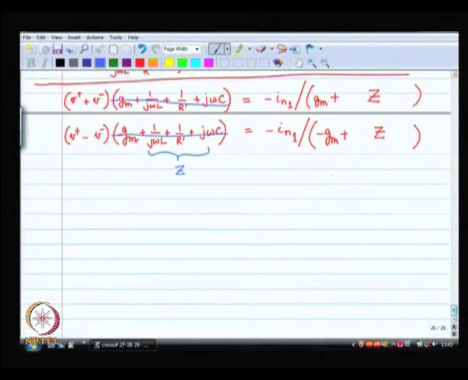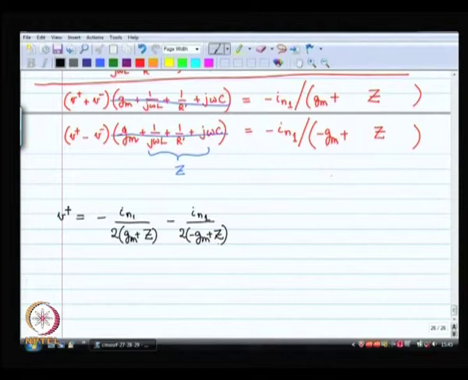And then finding out V plus is a trivial affair. You add the two of these and divide net result by 2. Right. So, this is your V plus.